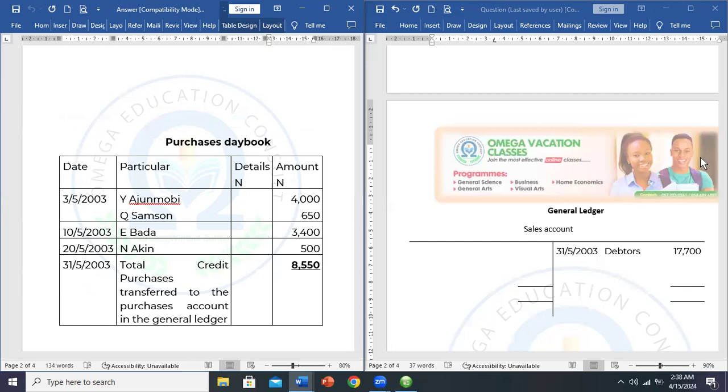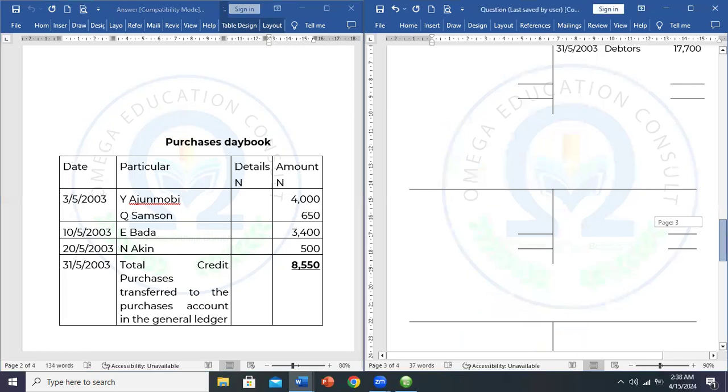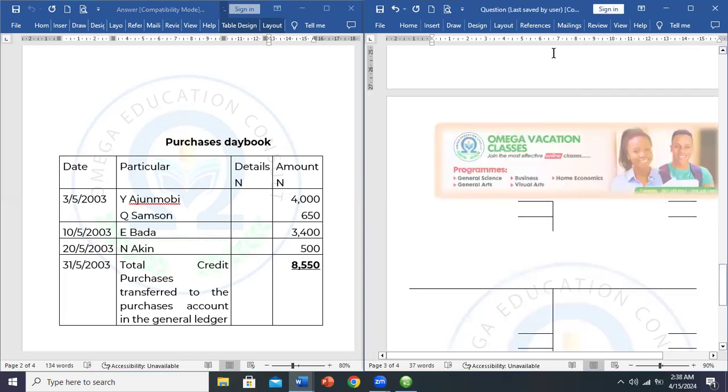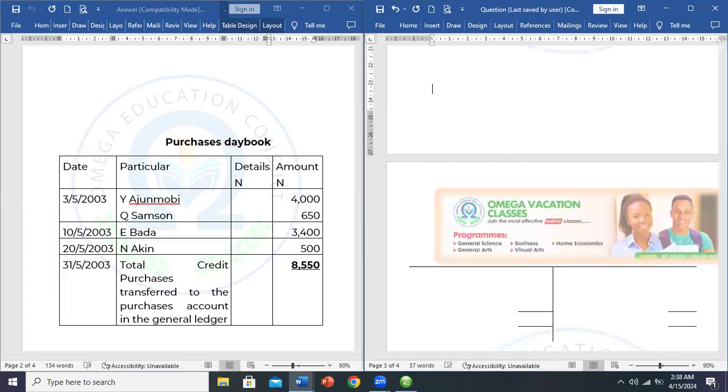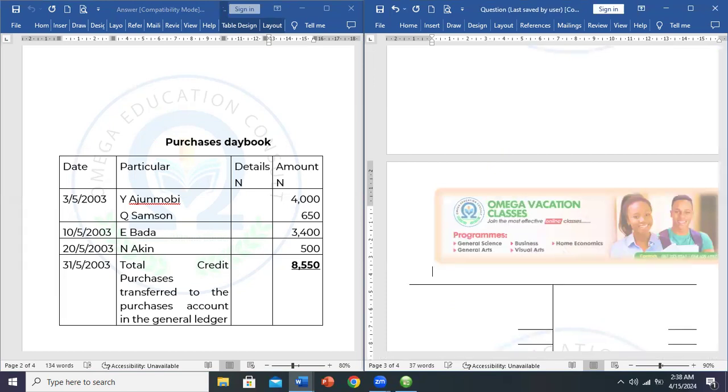The purchases ledger. So again, you have to create another ledger and call it the purchases ledger. So let me do that here. Purchases ledger.